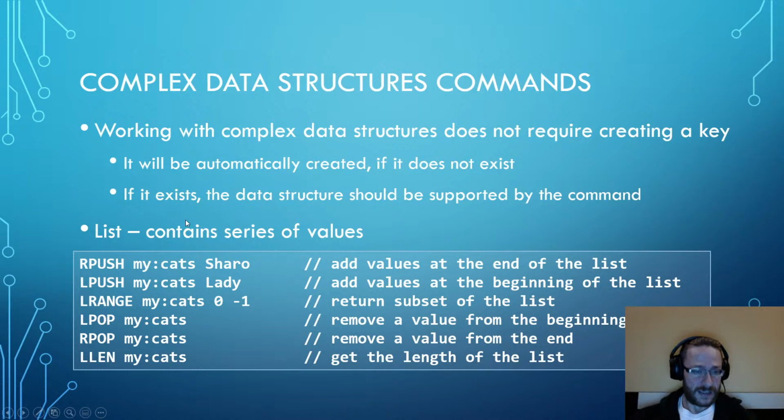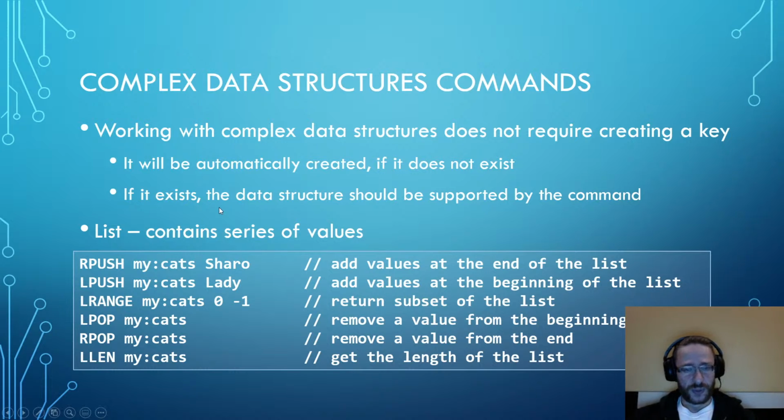And if it exists, the key should store a data structure which is supported by the command. So for example, if you decide to create a list for the key cats and then use a command which is for a sorted set, Redis will return an error.